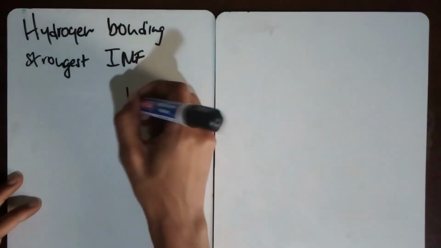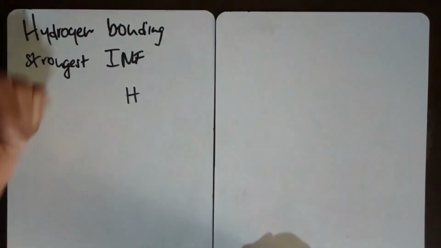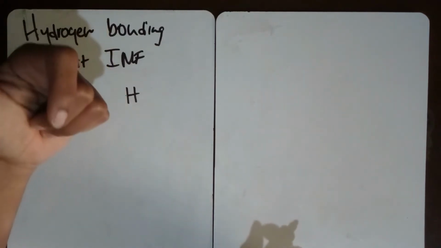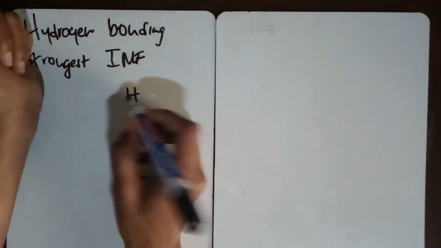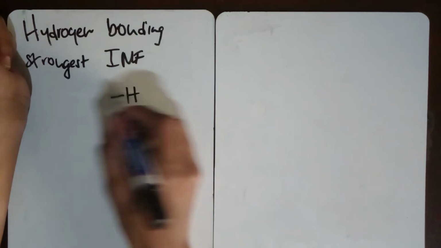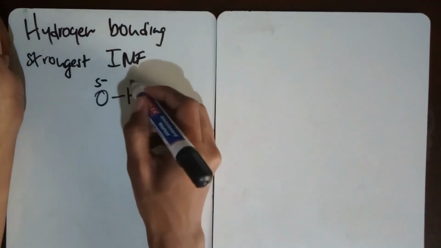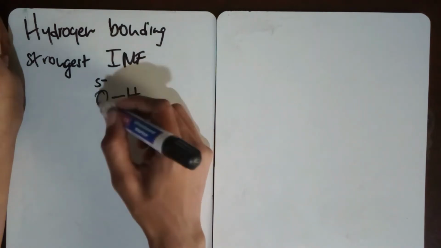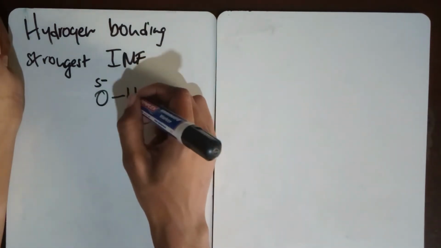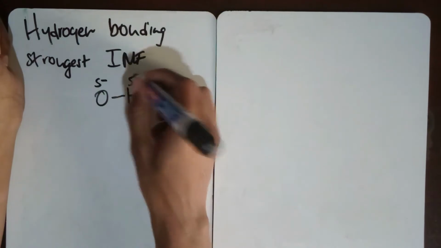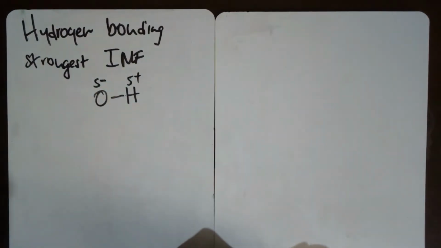So a certain hydrogen may be bonded to perhaps nitrogen, or oxygen, or fluorine. So this hydrogen may be bonded to oxygen, right? And then you'd find that this part is slightly negative because oxygen is more electronegative and this one is more electropositive, right? And then this one will be slightly positive.